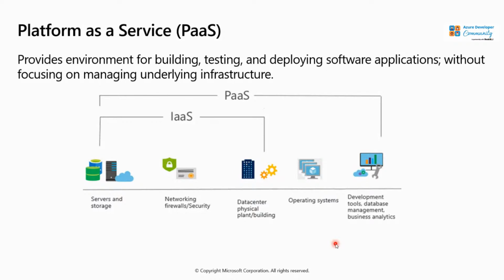Along with the storage, you get development tools. Along with the database, you get database management. Along with some kind of application, you get analytics as well. That is the additional abstraction layer, and for that there is some additional cost that you have to pay, but apart from that, nothing else.